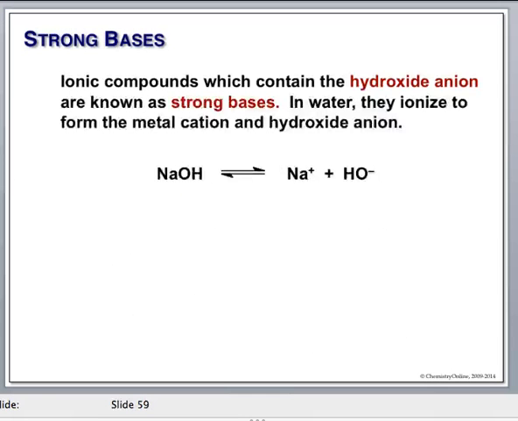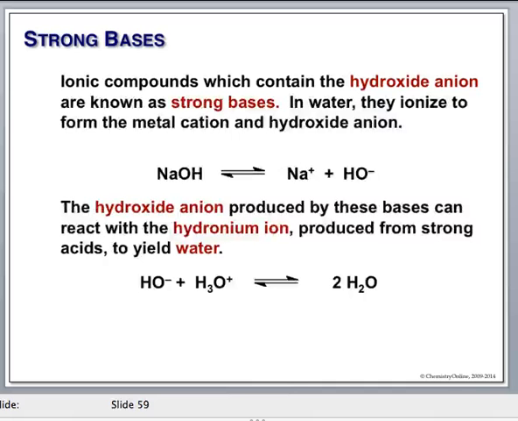We also have strong bases. Now, we addressed this in the problem from chapter 7. We said that sodium hydroxide ionized to give this pair of ions, but in fact that's an equilibrium. It can ionize and it can go back.